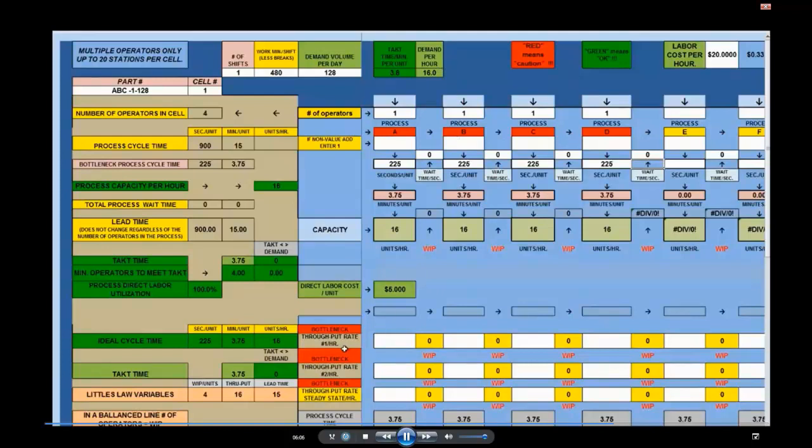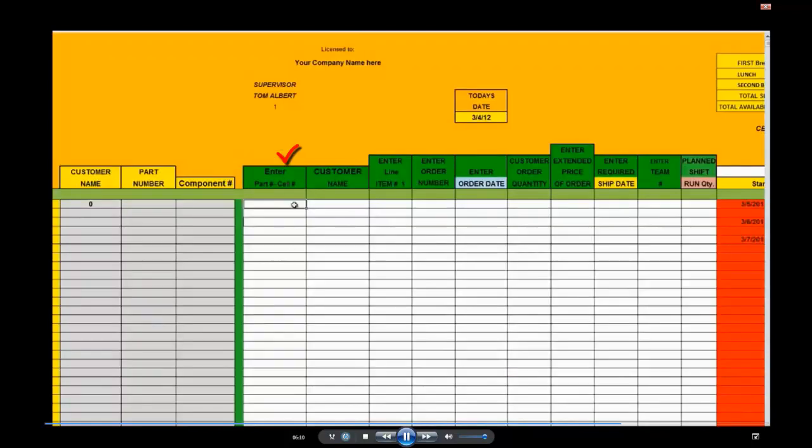Let's simulate entering an order for 96 units. We enter the part number in this cell right here and the order quantity here.